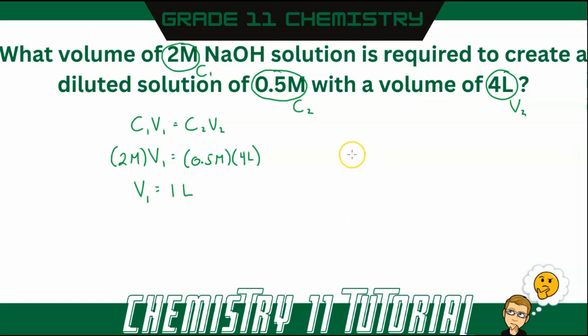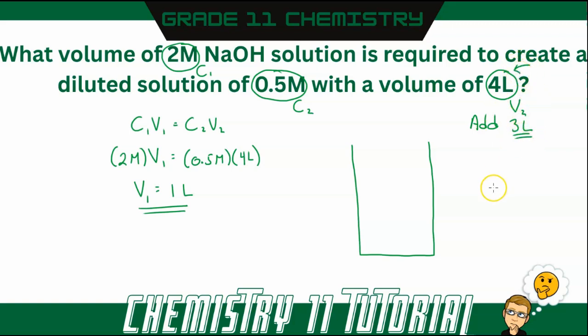Well, what we're going to do, let's say we have a 5 liter container here. We want 1 liter of our original concentration, and then we want to add 3 more liters in order to get to a total of 4 liters.